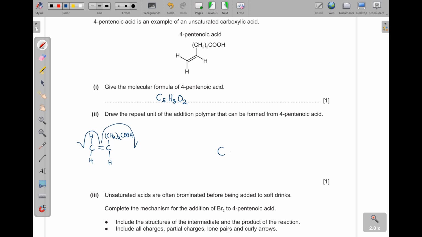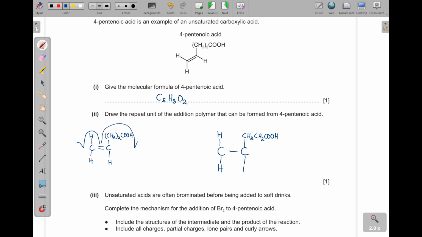So what do we get? A carbon here, and then another carbon here. Then there is a hydrogen, and then a hydrogen, and then here we have the CH2, COOH, or if you want, you can write it like that, no problem.